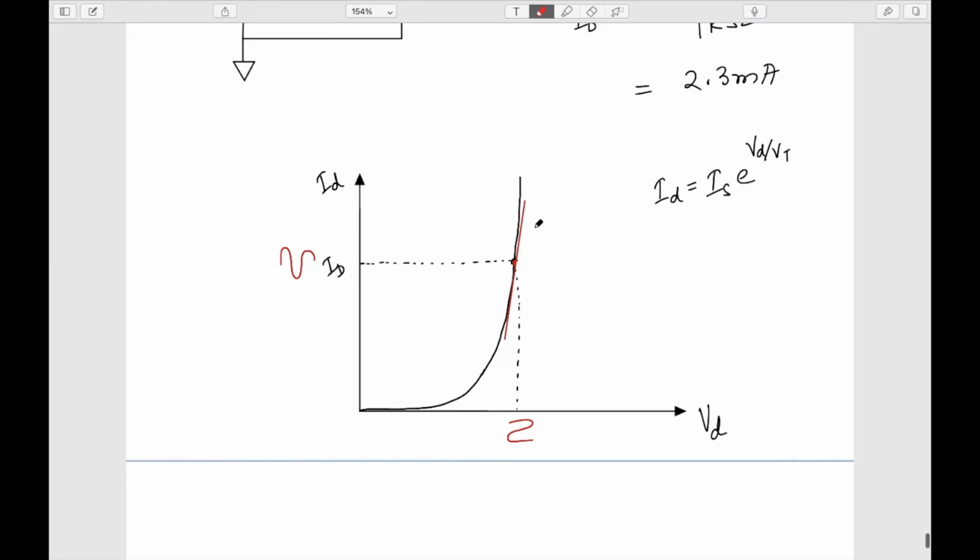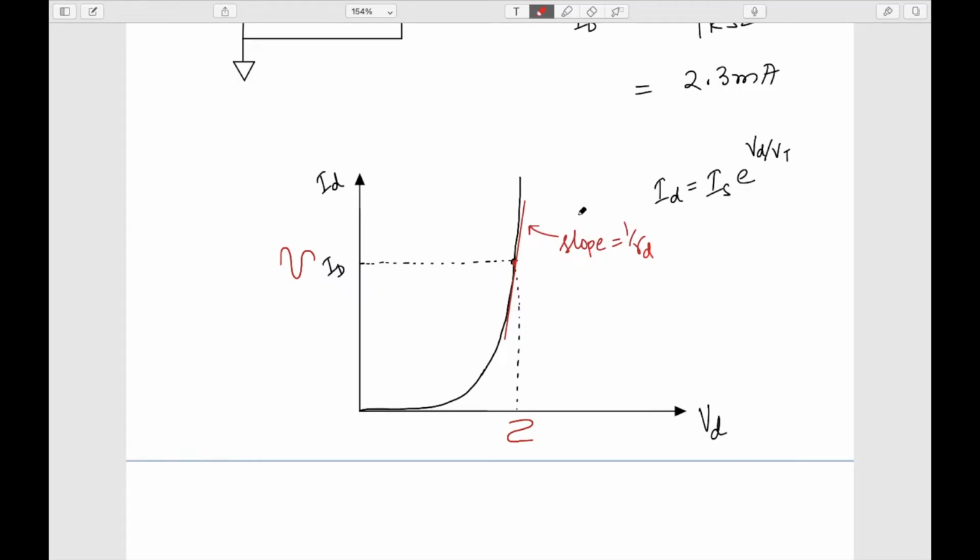So let's consider this slope. The slope in this case is called 1 by RD, because of the relationship between current and voltage: the slope is delta ID by delta VD, which is the inverse of the resistance.